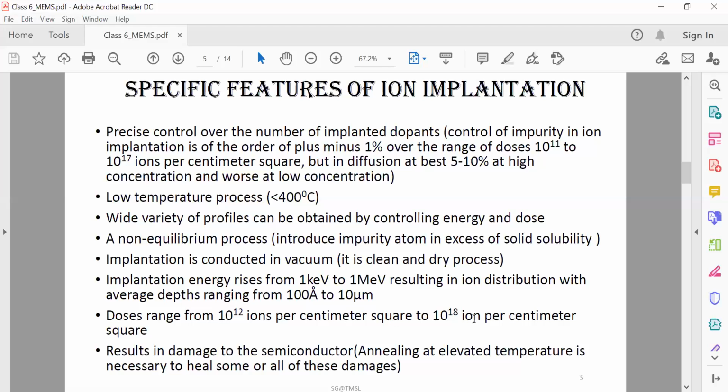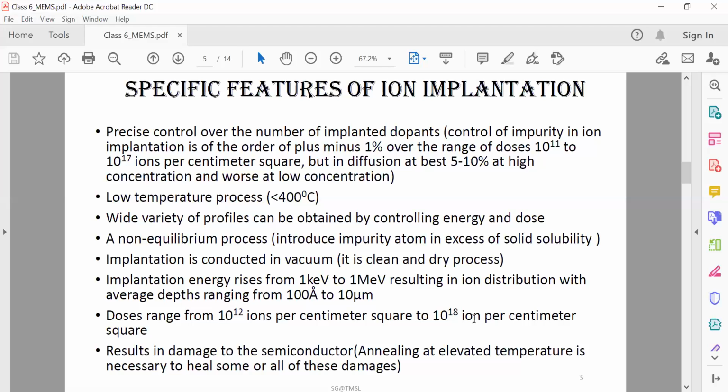Energy gives you the junction depth, that is, how deep you can implant the dopant atoms, and the dose gives you the resistivity or conductivity of the layer.